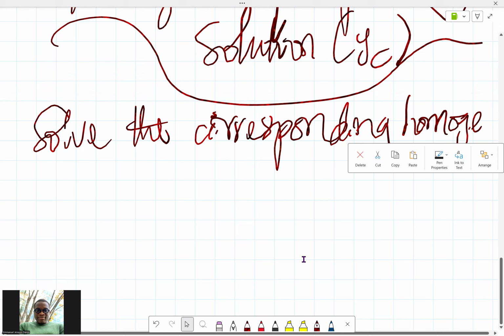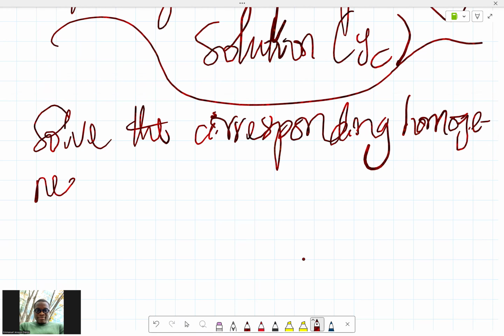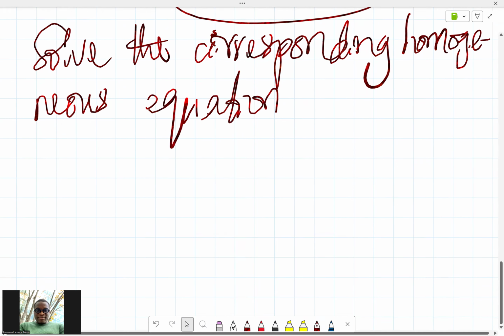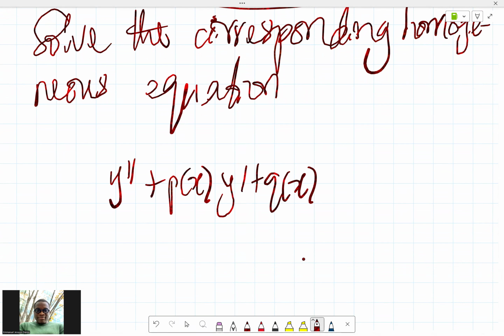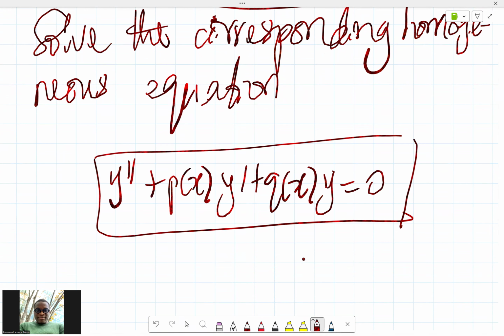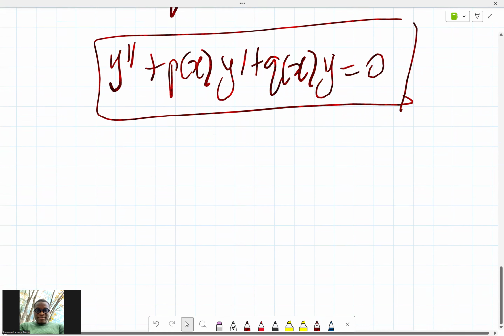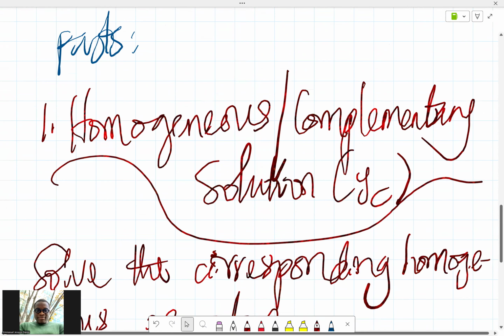The corresponding homogeneous equation is y prime prime plus p of x y prime plus q of x y equals 0. We solve this using the method of characteristic equations, and we have several possible solutions depending on the roots of the characteristic equation.